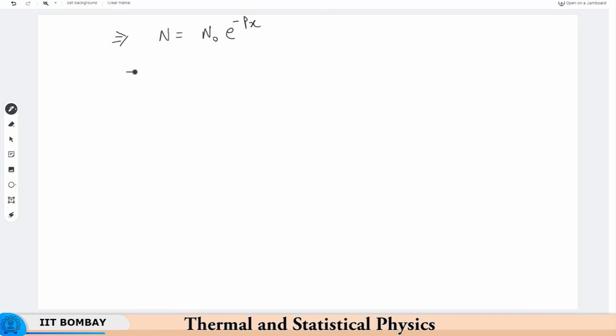Let us define a function f of x, which is n divided by n0, equal to e raised to the power minus px. And what is this?